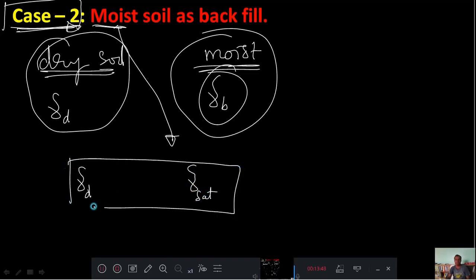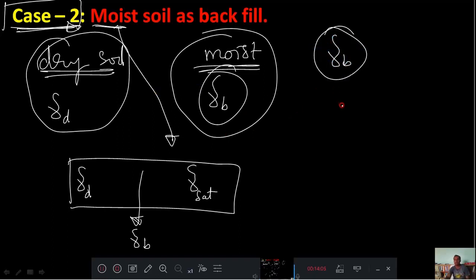See, this is gamma sat. In between this and this, I can say that is your gamma b. In the previous case, wherever you used gamma d, there you will use gamma b or gamma sat. Then the procedure is simple.